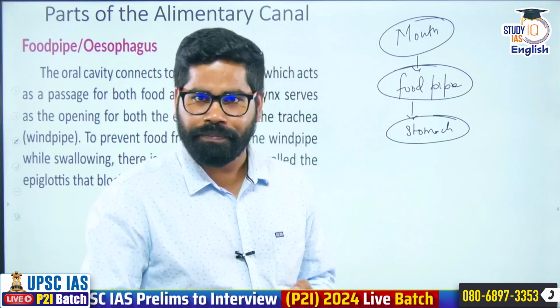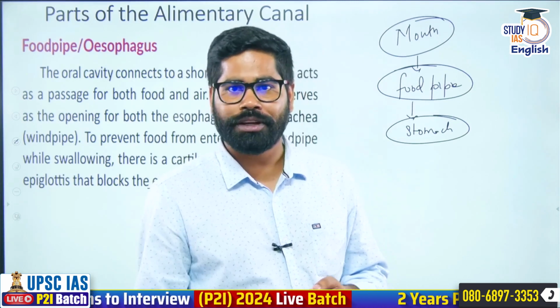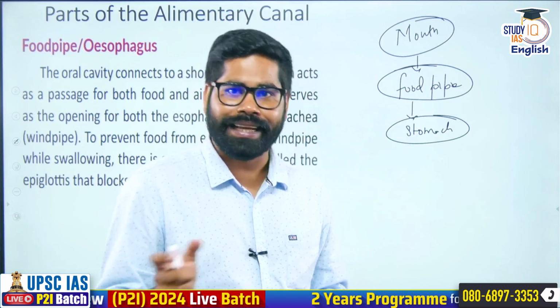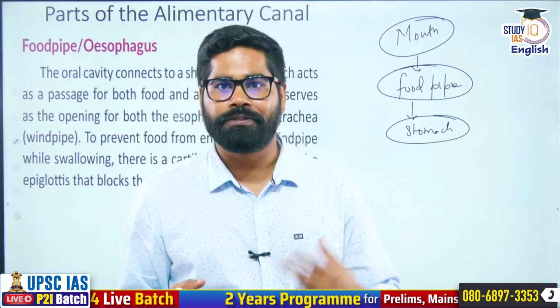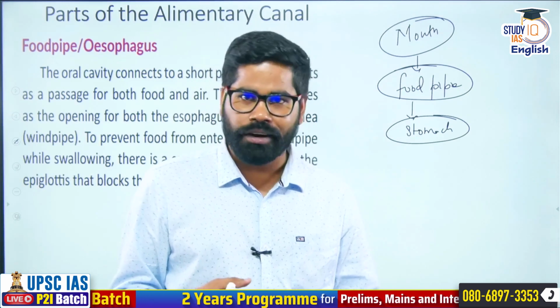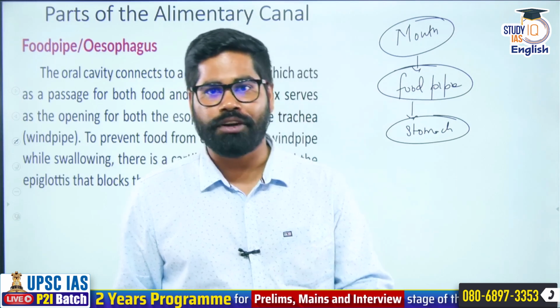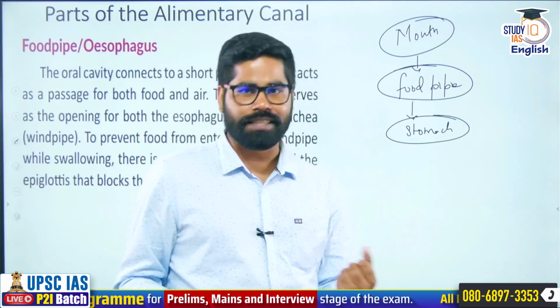It kills the pathogens coming with the food. It helps in dissolving the bonds of the food items so that they can break down easily. And it provides a conducive environment for the working of digestive enzymes such as pepsin. Pepsin helps in the breakdown of the protein in the food. So that is the third part, the stomach.